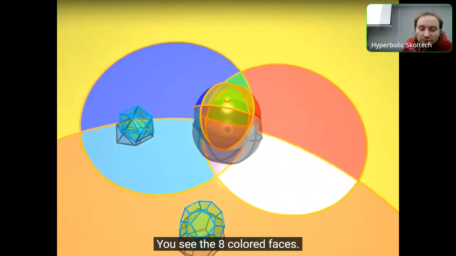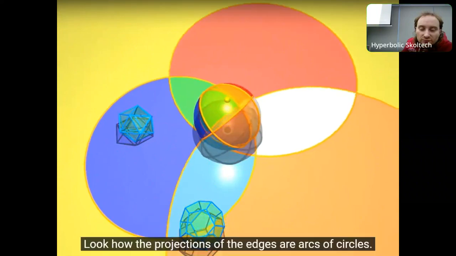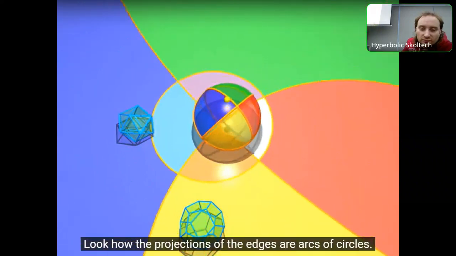You see the 8 colored faces? Look how the projections of the edges are arcs of circles.